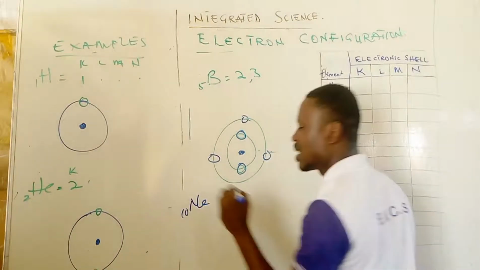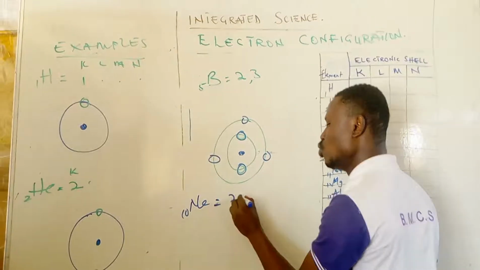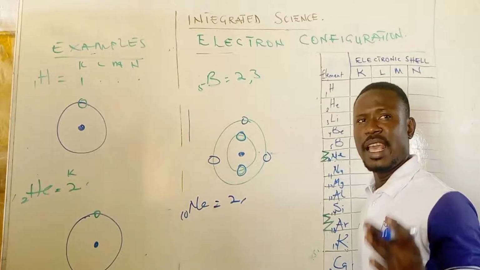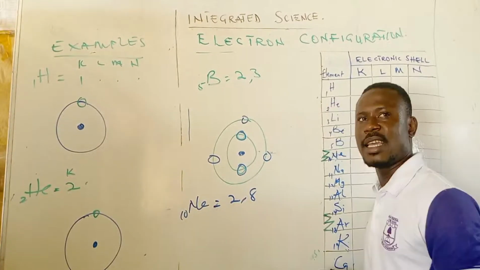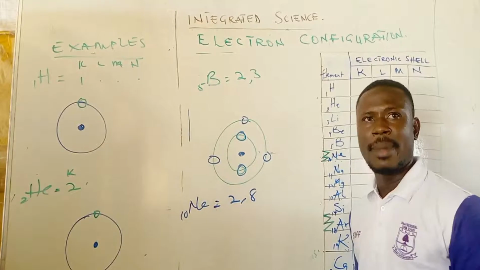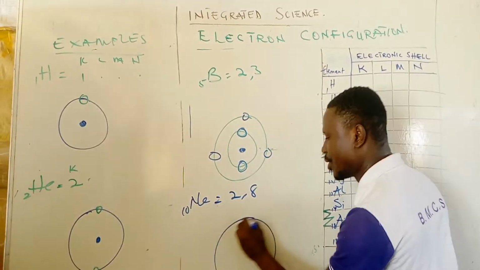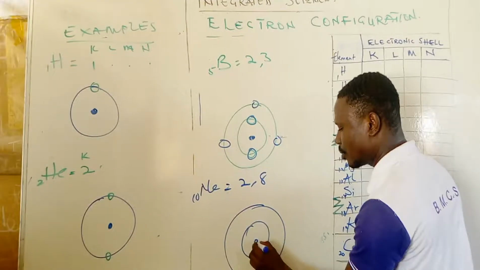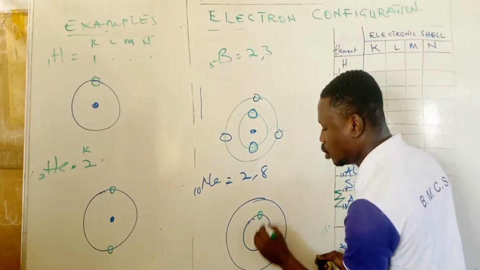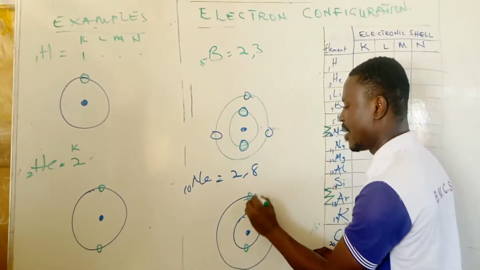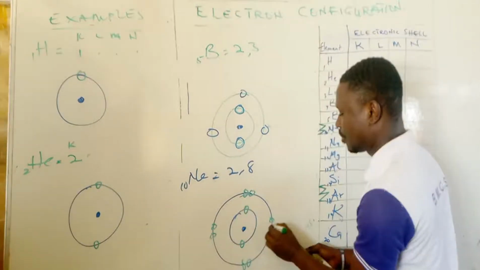Now let's look at this table. So I have the elements here, my electronic shell K, L, M, and N shells. Good. This indicates that hydrogen with 1 will fill the first shell, which is K. Helium has 2 and it will fill the shell K2. Lithium is 3, so we put 2 on the first shell. The remainder 1 comes to the second shell.